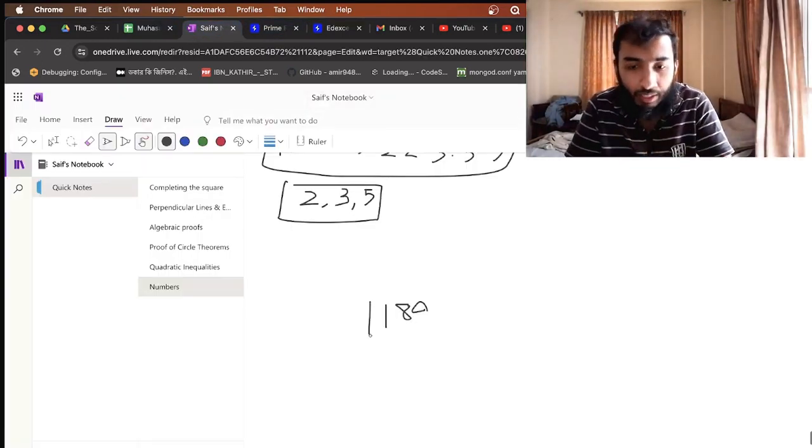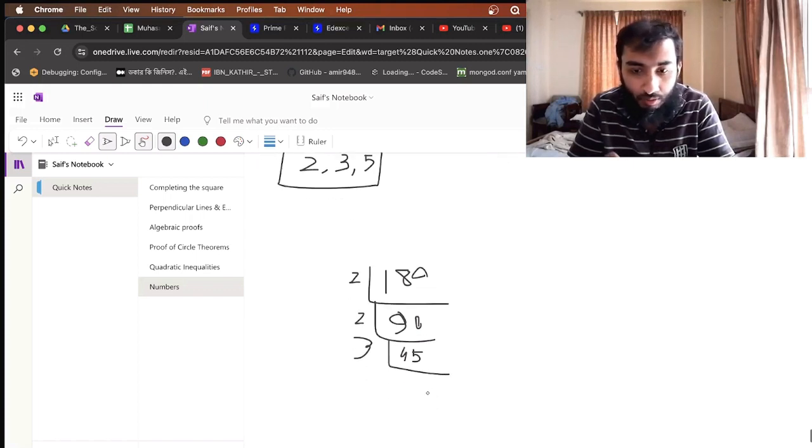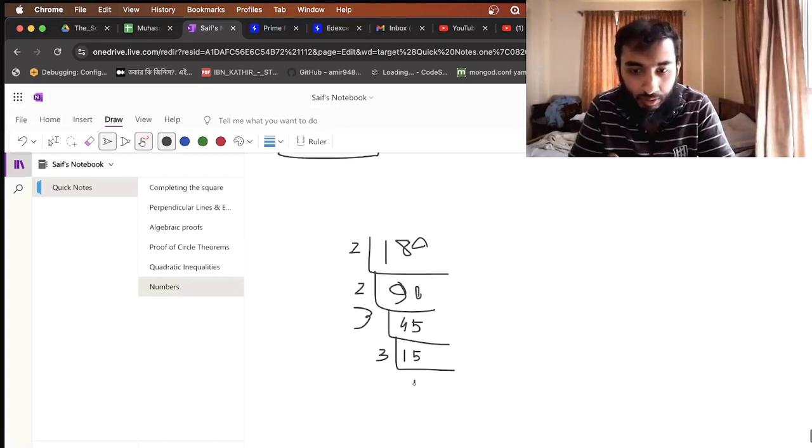If I divide 180 by 2, we have 90. Then if I divide 90 by 2, I have 45. Now 45 cannot be divided by 2, so it should be divided by 3. If I divide by 3, I have 15. I have to divide 15 by 3 again. Then I have 5.